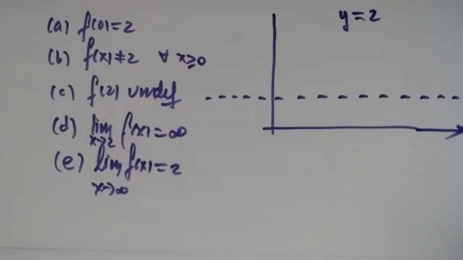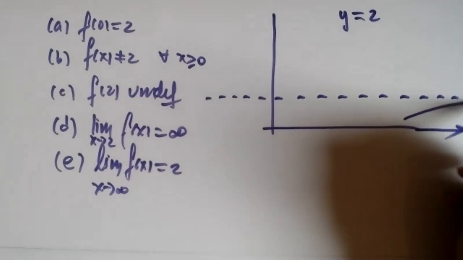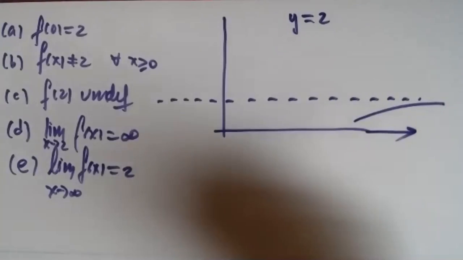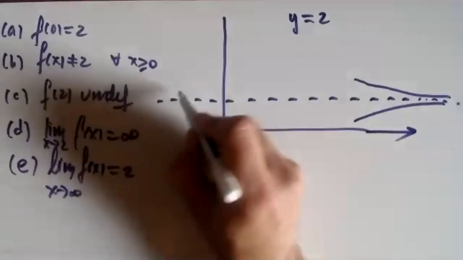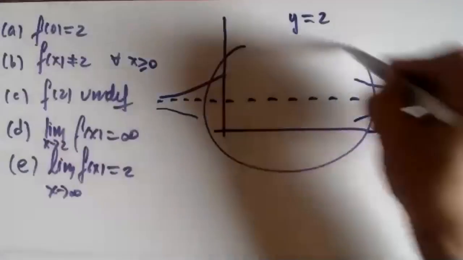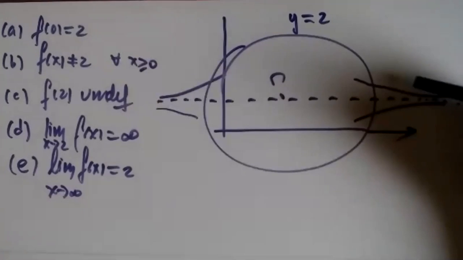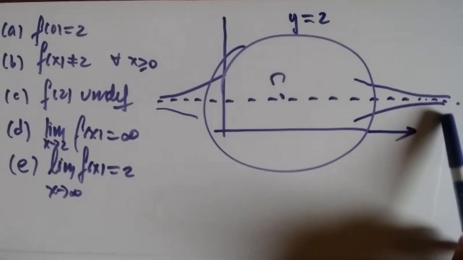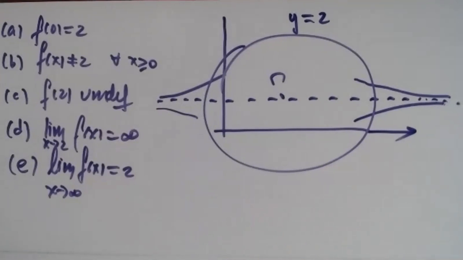Asymptotic behavior means that the function is going to do this, correct? Or this, or it is going to do this or this. I don't know what happened here. It's a mystery, correct? But here and here, the function has to be approaching 2 as x increases.